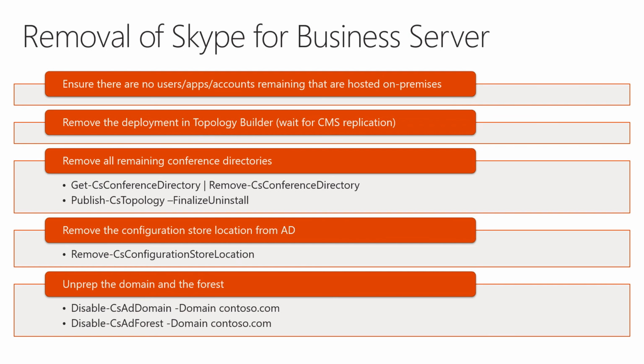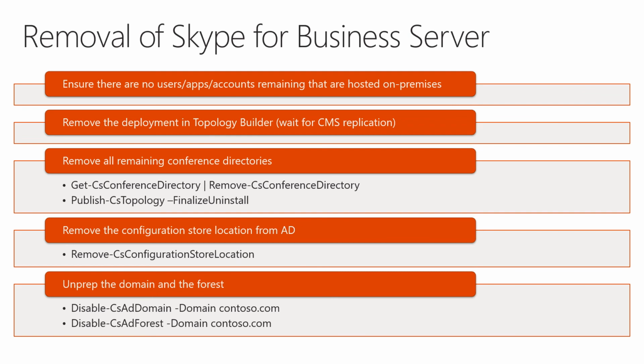You'll remove the remaining conference directories using the commandlets that you see in the middle of the slide, and then you'll do a Publish-CsTopology with the -FinalizeUninstall parameter. That basically is going to publish an empty topology and allow you to remove the rest of the pieces of the puzzle, right?